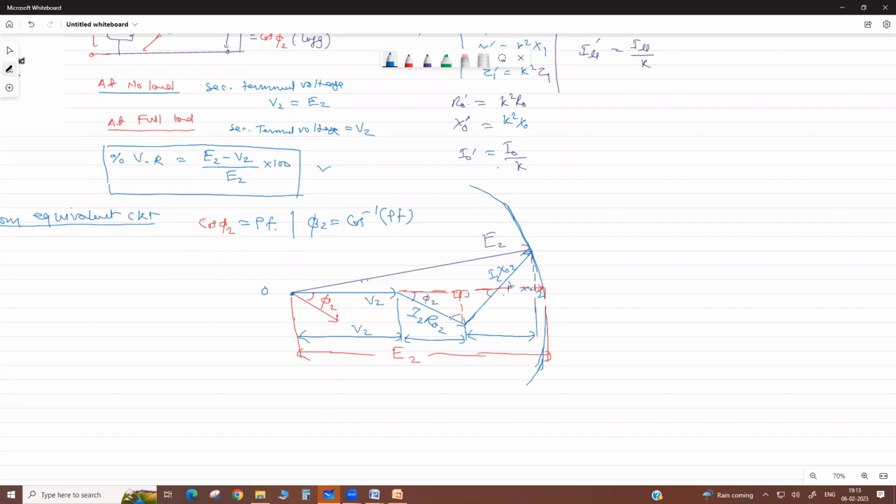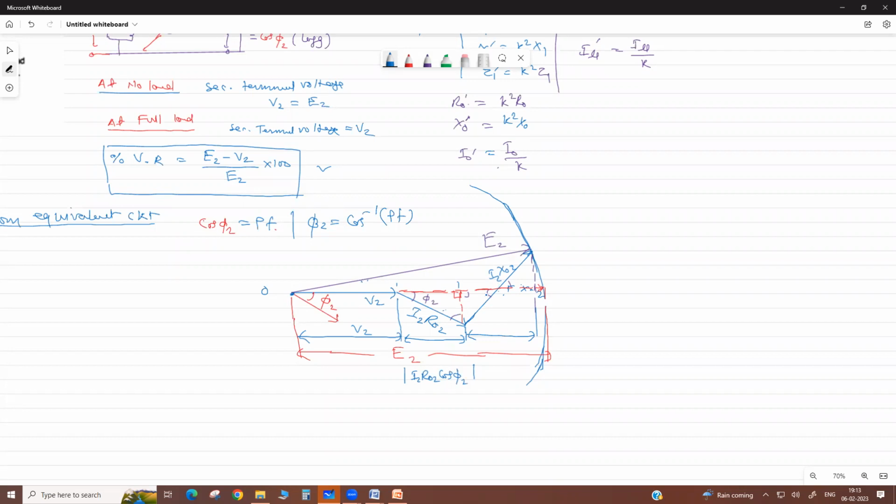And you know what this is? See the horizontal component of this vector. What does this value come to? This comes I2 R02 cos phi 2.